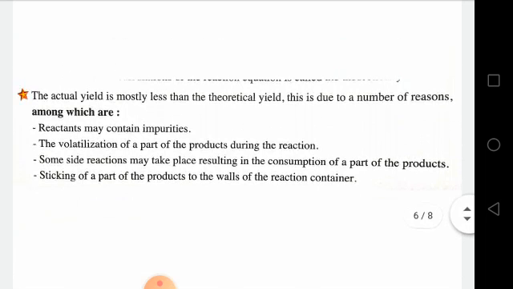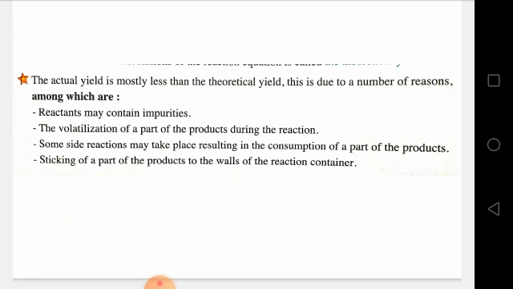Okay, now we will transfer to how to calculate the actual yield of a chemical equation. The actual yield is the mass which is produced practically in the lab when we carry out a chemical reaction. This actual yield in most cases will be smaller than the theoretical yield, which is calculated by equations on paper. There are many reasons for this difference in value between actual yield and theoretical yield.